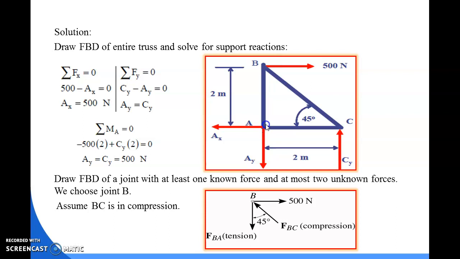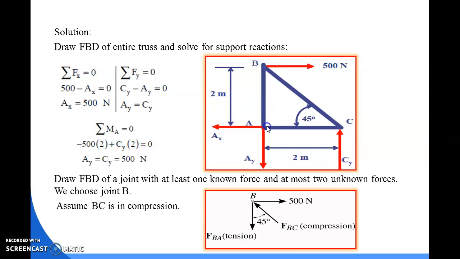You can see this horizontal force, that is 500 Newton, gives a hogging moment towards the point A. So the moment sign should be negative in nature, and it will cover a 2 meter distance from this point to the destination point.